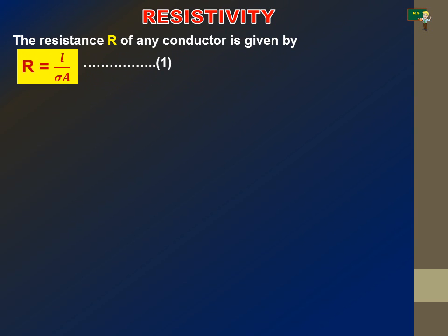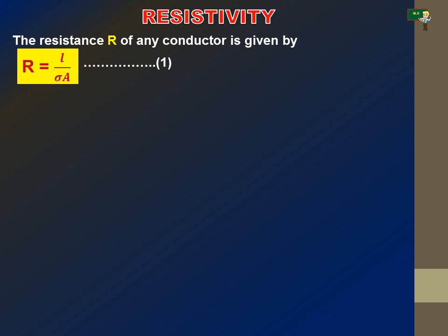First of all, let us see what we mean by resistivity. I think you all know the word resistivity. Even some kinds of medicines are there to resist corona nowadays.